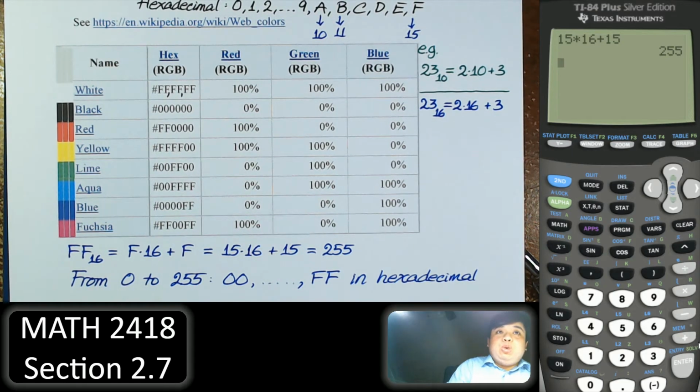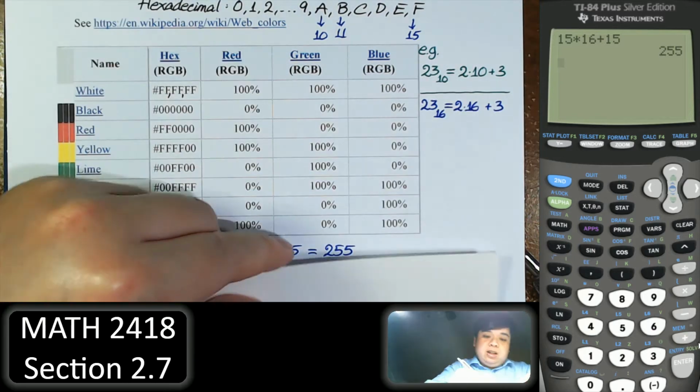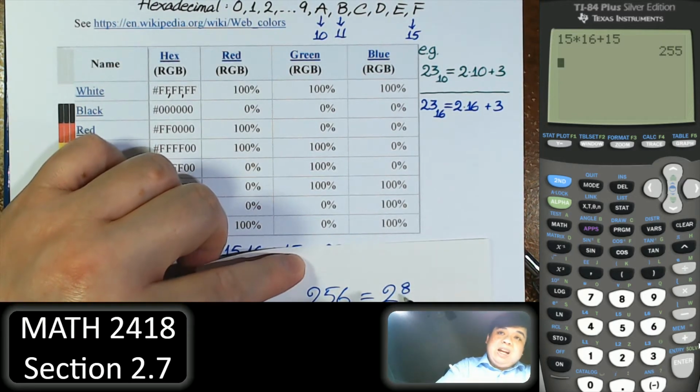From 0 to 255 is 256 values. The significance of 256 is that it is equal to 2 to the 8.